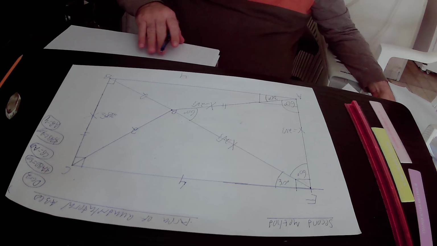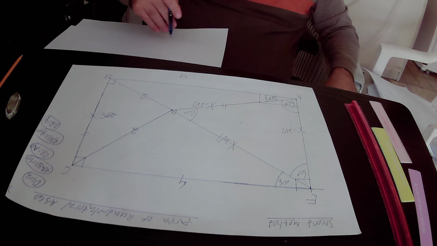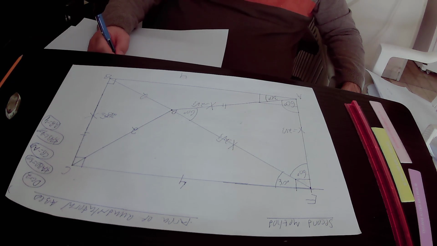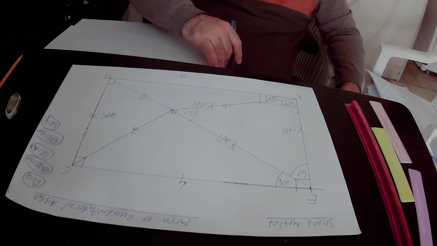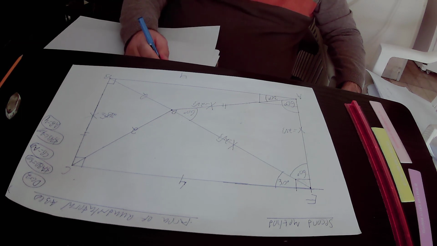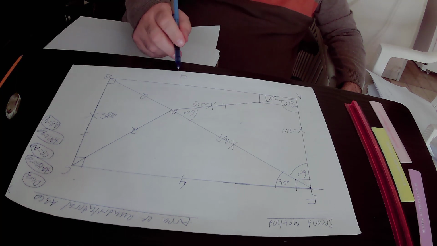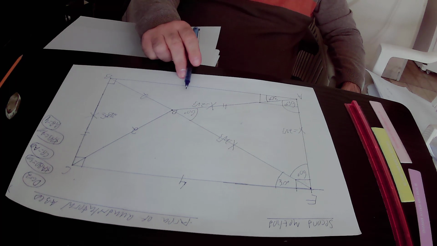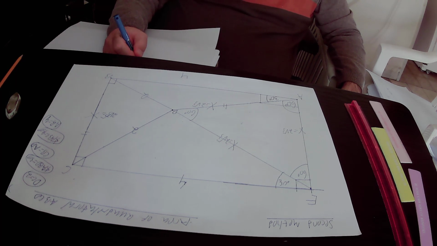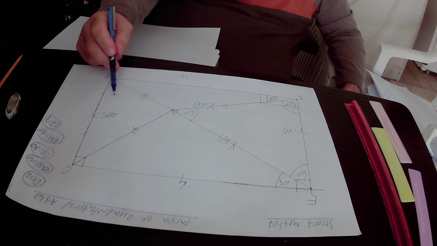The area of quadrilateral ABCD equals the area of this triangle, triangle ADB, plus the area of this triangle, triangle BDC.